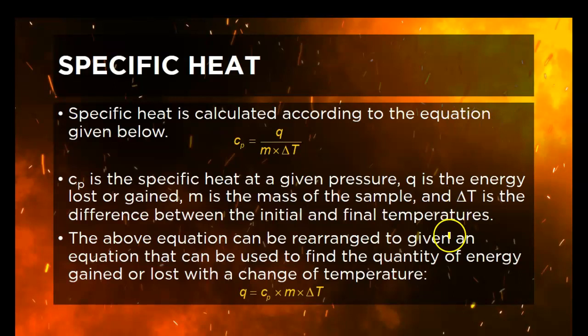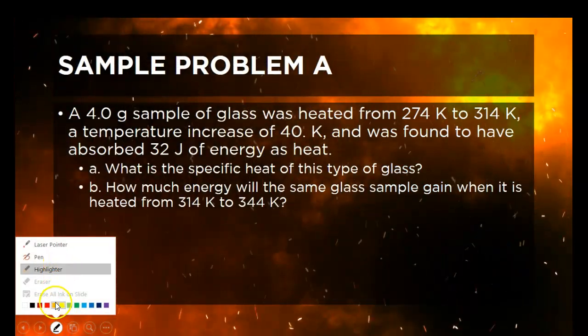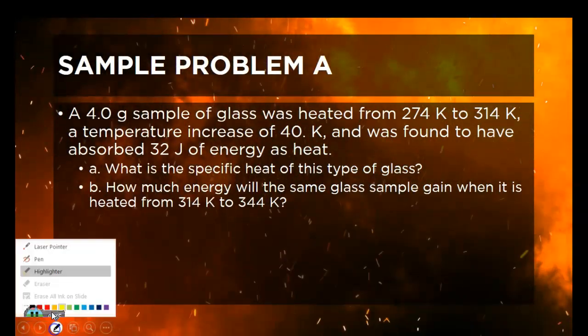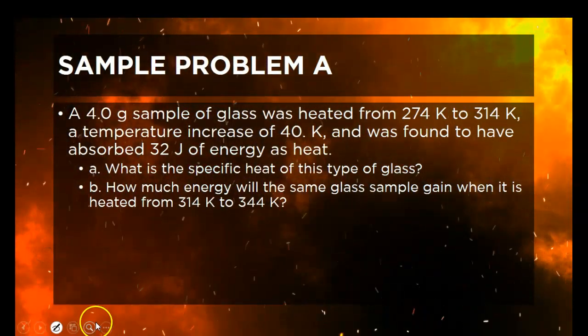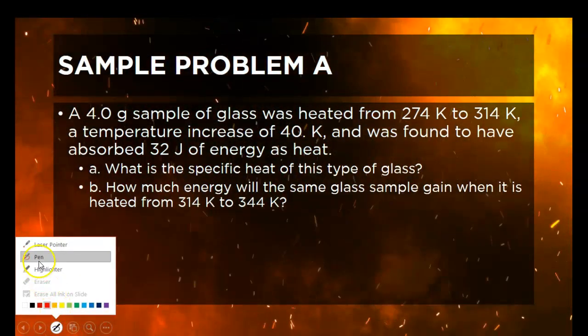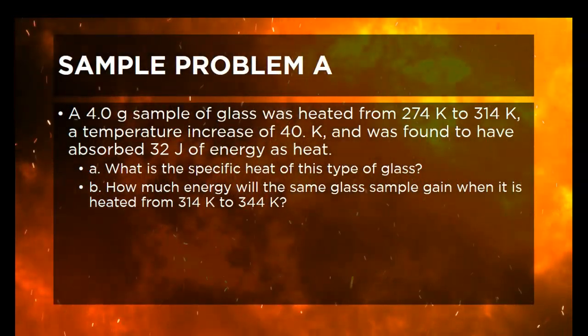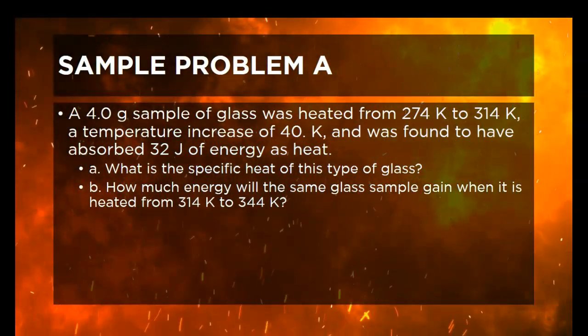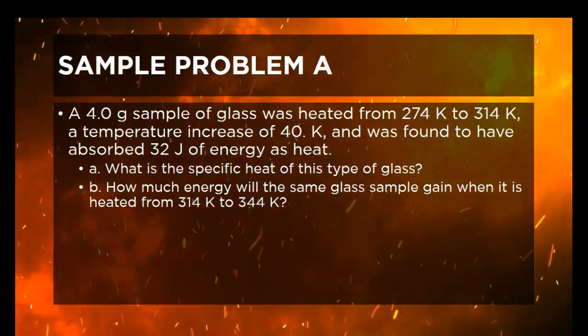So let's just look at an example problem, then we'll wrap up this lesson here. This problem is asking, we have a 4 gram sample of glass heated from 274 to 314 Kelvin. So that relates to a temperature increase of 40 Kelvin, because we went from 274 to 314, and it absorbed 32 joules of energy as heat.